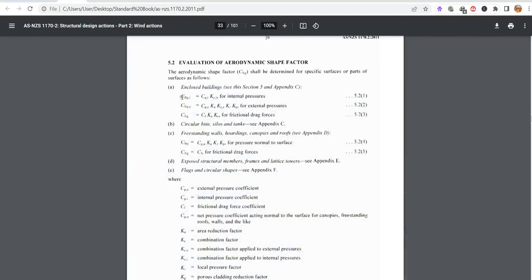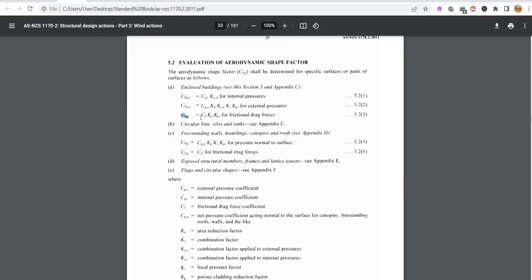So Cfig,i, which is for internal pressure, equals Cpi times Kc,i. For the external pressure, it is Cpe times Ka times Kc,e times Kl times Kp. And for the frictional drag force, it is Cf times Ka times Kc.